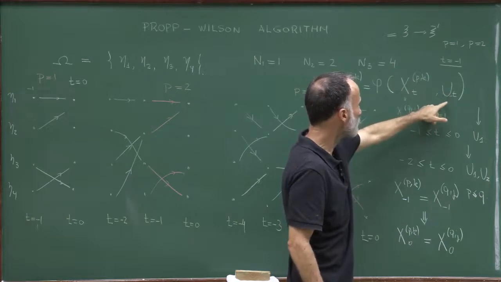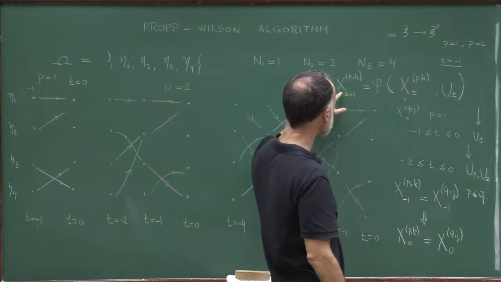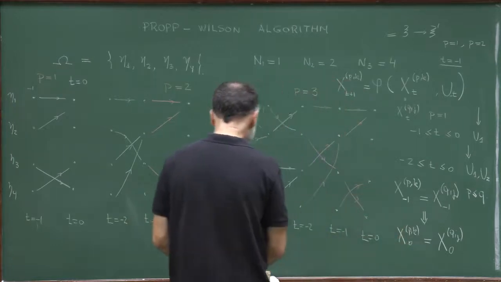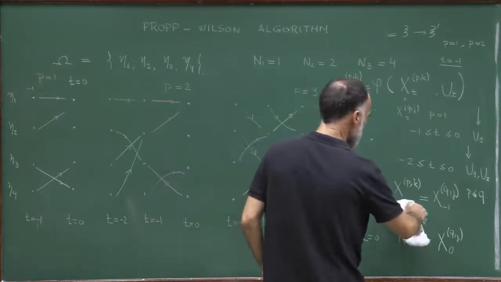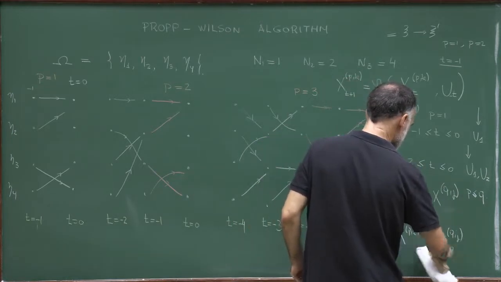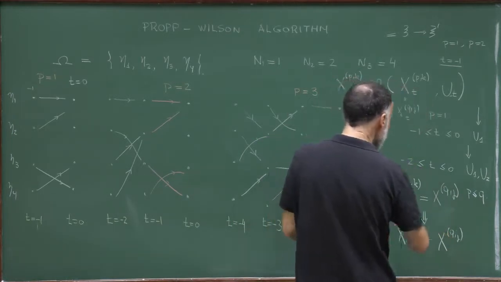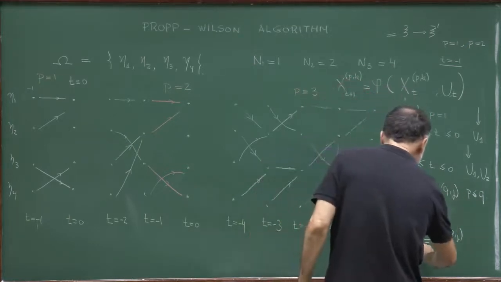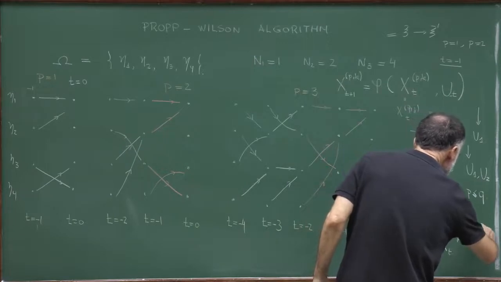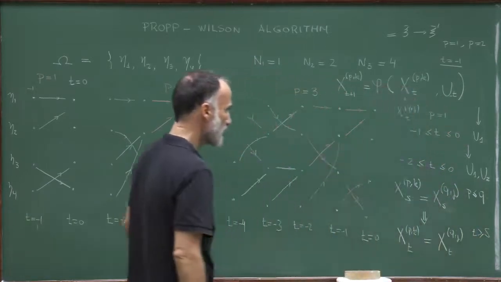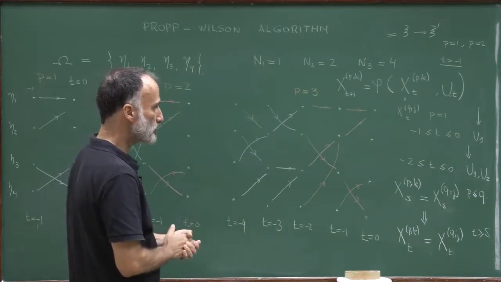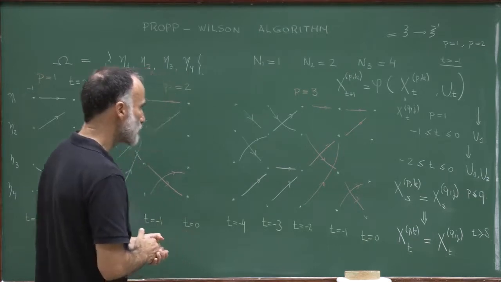Since the second coordinate coincides also, I get that this identity holds also at time t plus 1, which is 0. And therefore, I can generalize that, saying that if these two chains coincide at some s, then they will coincide at t for all t larger or equal to s. And this is a very important property of this algorithm.